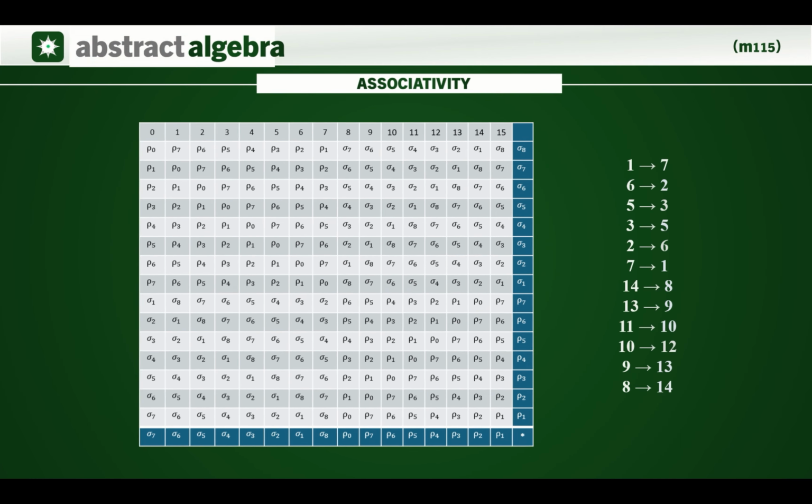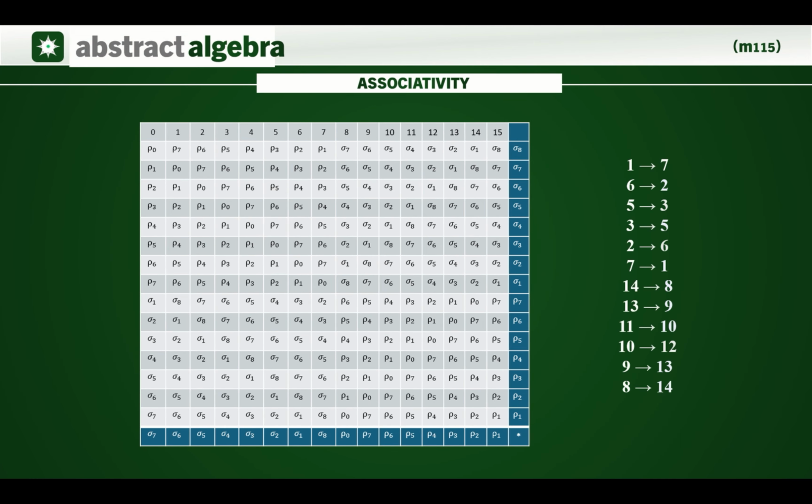So we are going to interchange 1 to 7, 2 to 6, 5 to 3, 8 to 14, 9 to 13, 10 to 11, 10 to 12, I mean 11 to 10, 10 to 12, 9 to 13, and 8 to 14.